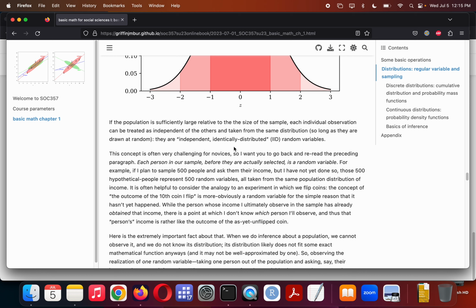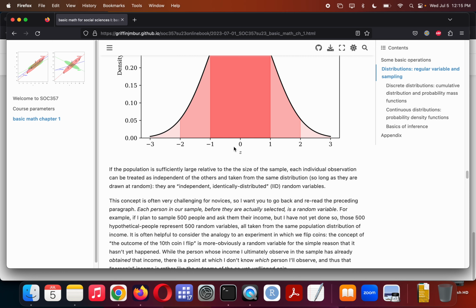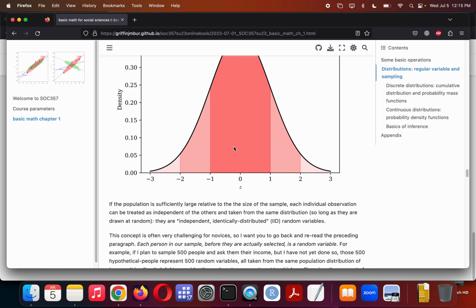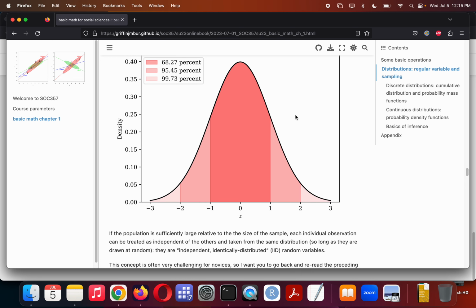But if we think about the population being very, very large, which it almost always is, relative to the sample, taking one person out hardly changes it. So if we have these independent, identically distributed random variables, so they don't have anything to do with one another directly and they all come from the same distribution, then when we add them all together and look at their total or their mean, it comes from a distribution that we know about. It looks like this one here.